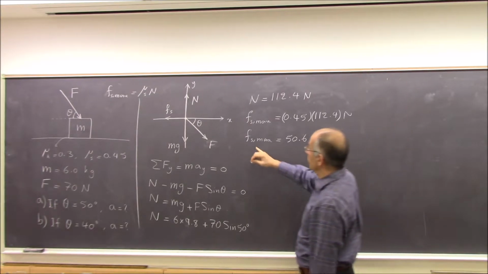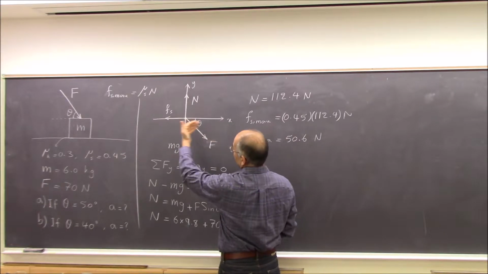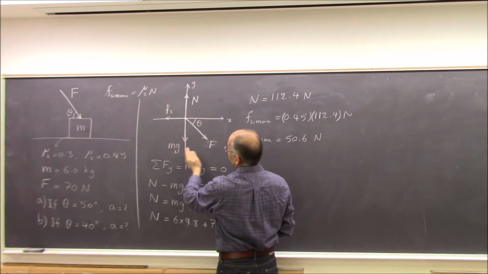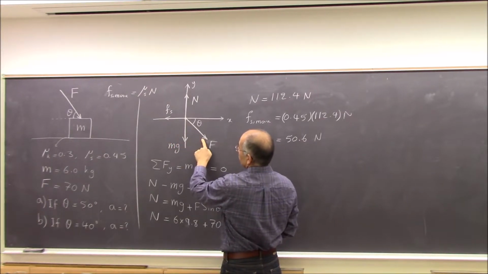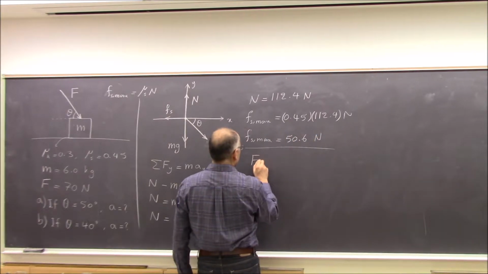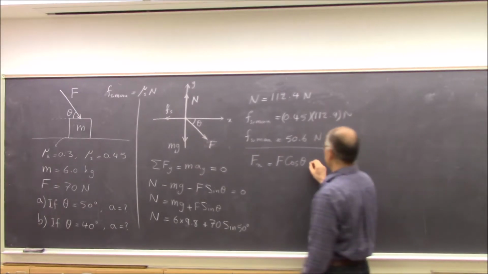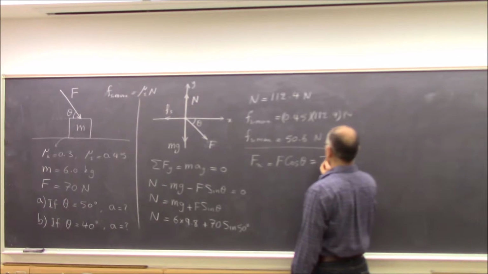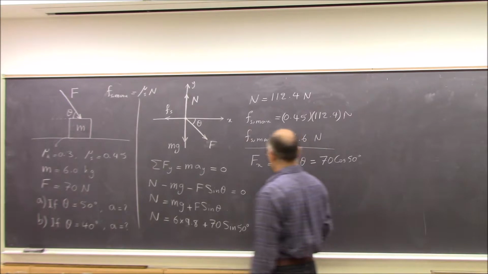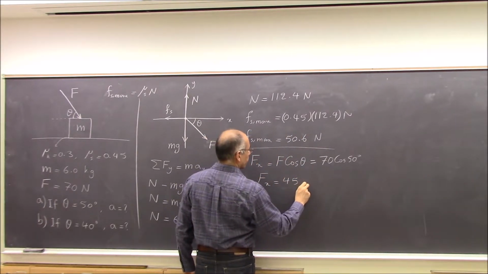And now we need to find the forces that are trying to move it this way. N is perpendicular to the surface, not trying to move it. Mg as well. The only force that's trying to move it is Fx. So Fx is the magnitude of F times cosine theta. So it's 70 times cosine 50 degrees, which is 45. So Fx is 45 Newton.